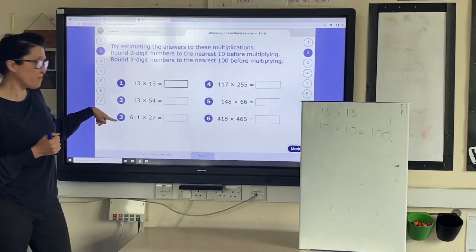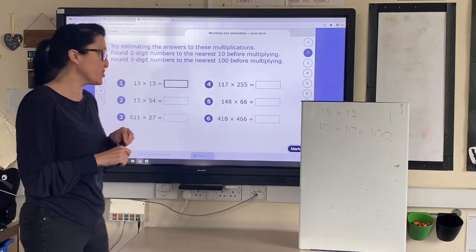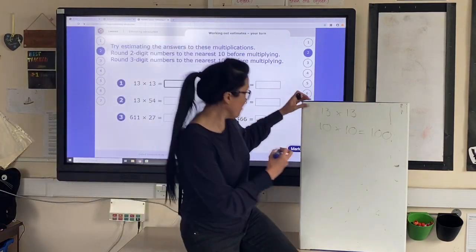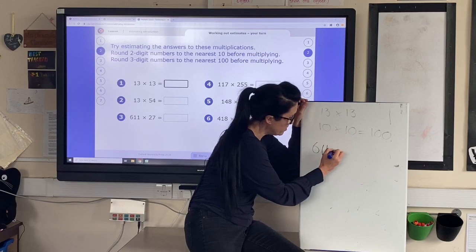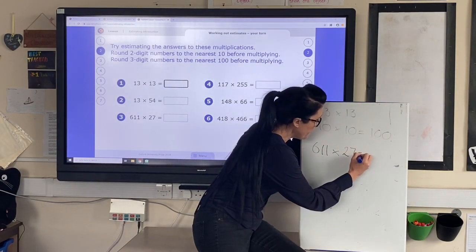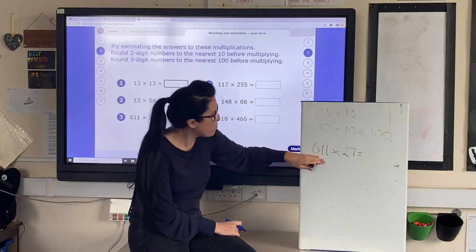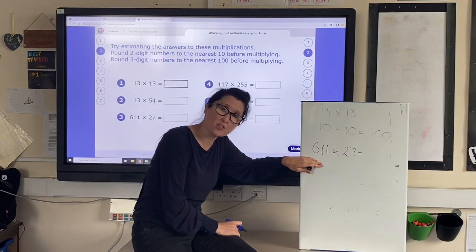We'll have a look at number 3, which is a 3-digit number multiplied by a 2-digit number. So on here, I've got 611 multiplied by 27. So using what it tells me up here, I'm going to round my 3-digit number to the nearest 100.